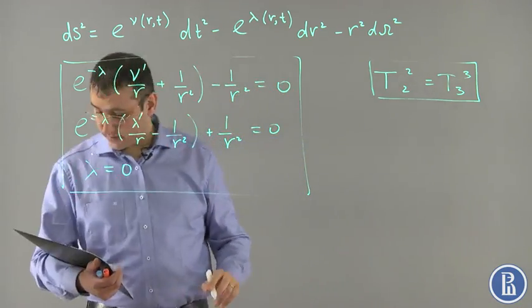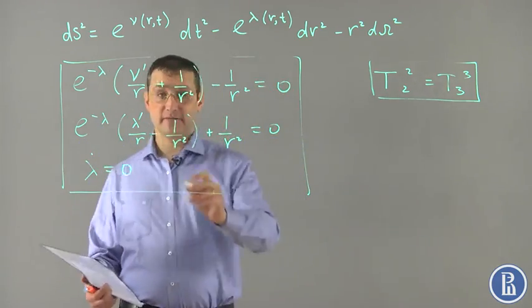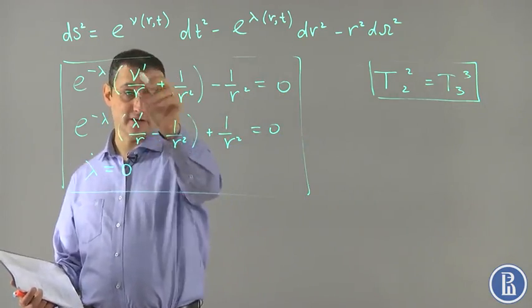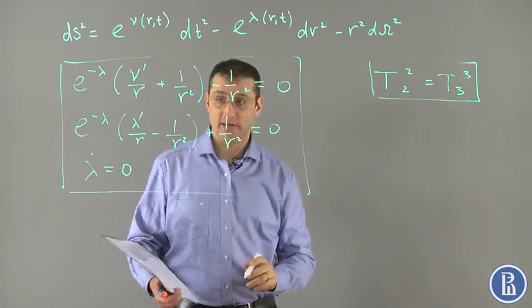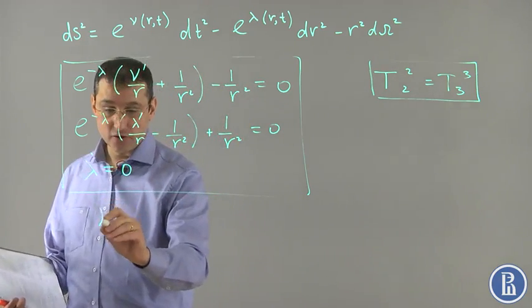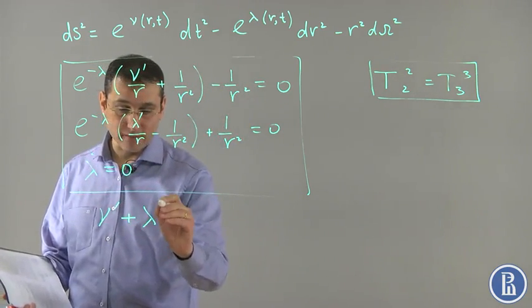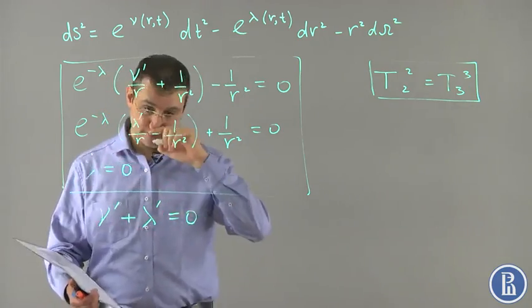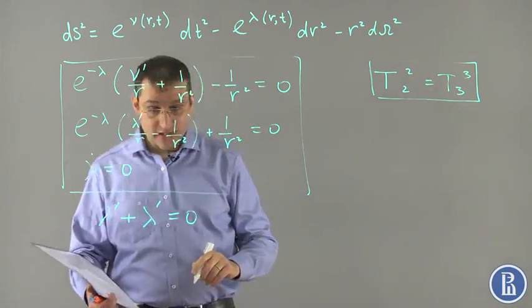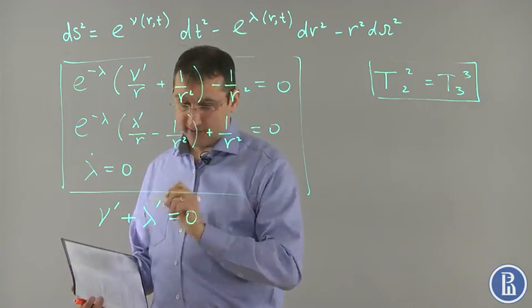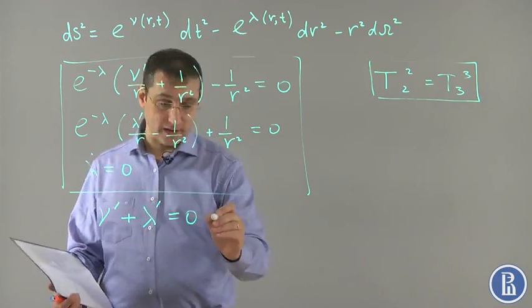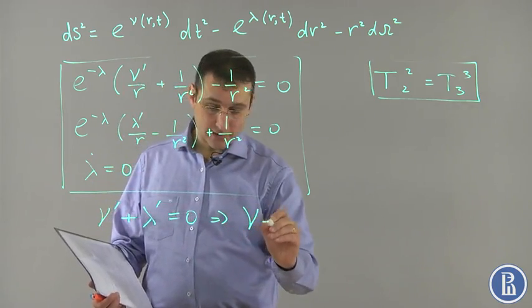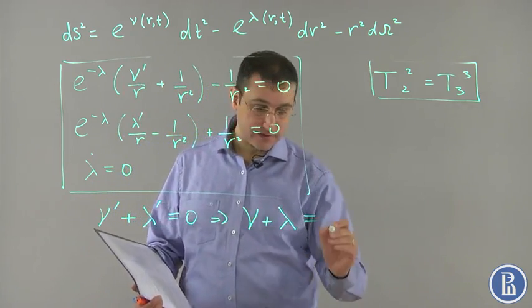It is not hard to see that if we take a sum of these two equations, we obtain that nu prime plus lambda prime equals 0. Because this is a derivative with respect to r, it means that nu plus lambda can be a function of time only.